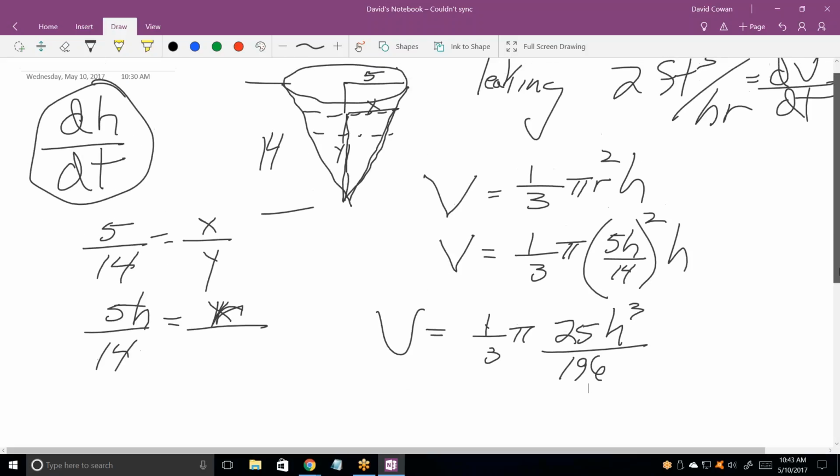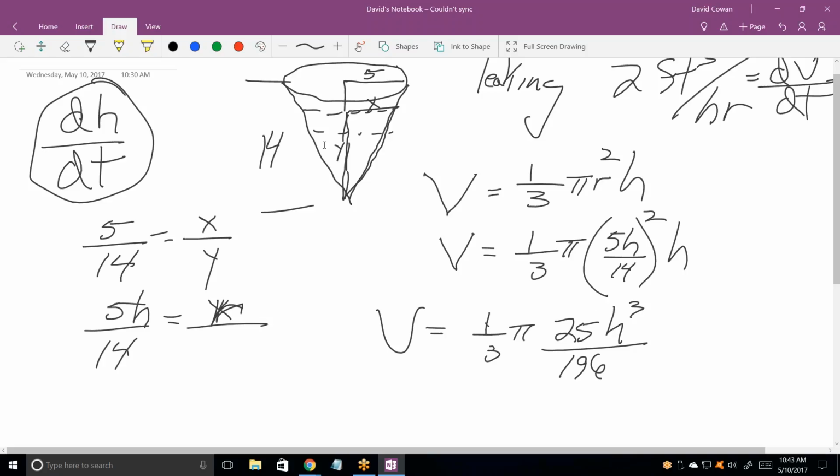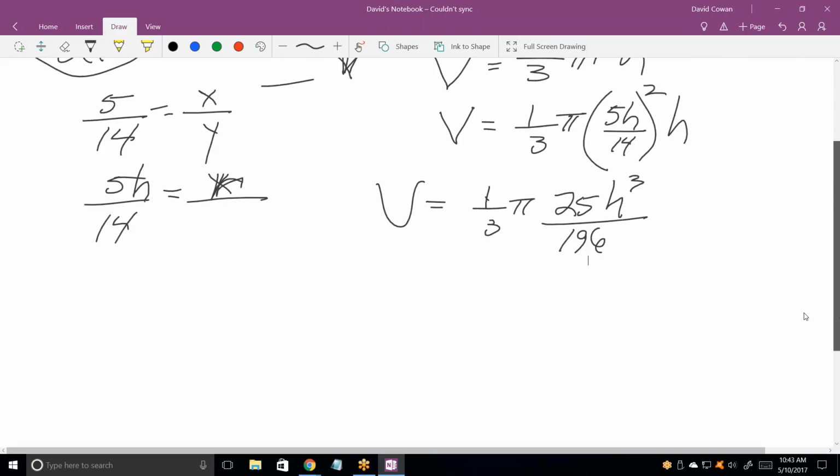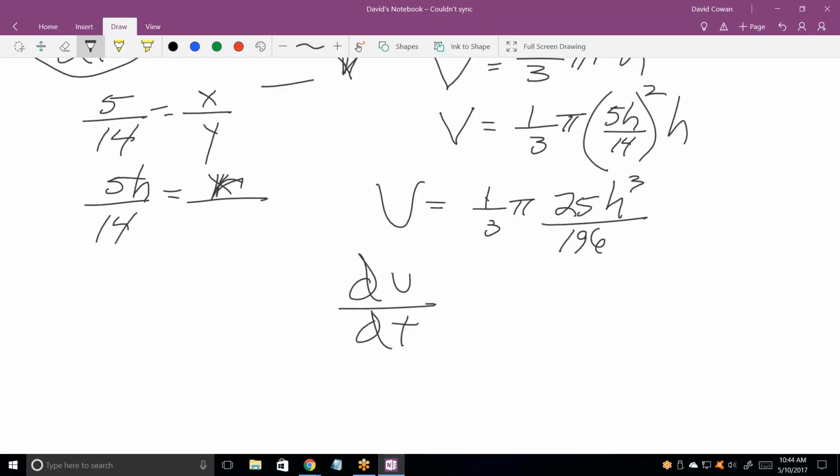And if we plug in an h of 14, we'll get the volume of that cylinder. Now differentiate both sides with respect to time, because what they gave us was a change relative to time. So now we got dV/dt equals pi times 25 over 196 h squared.